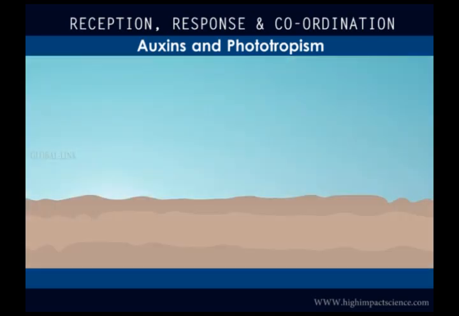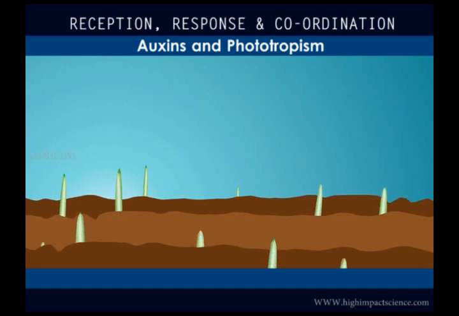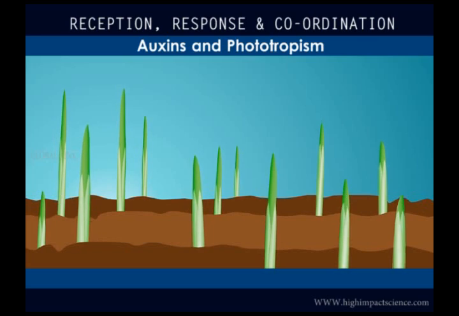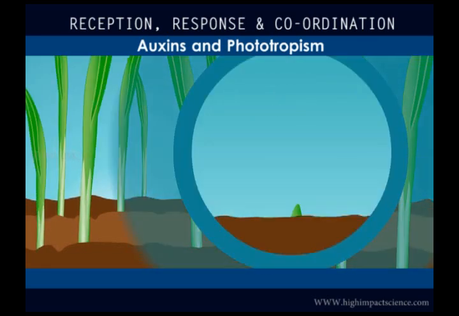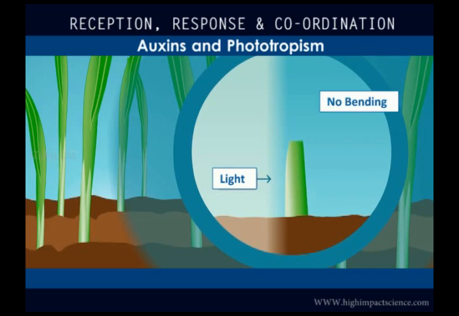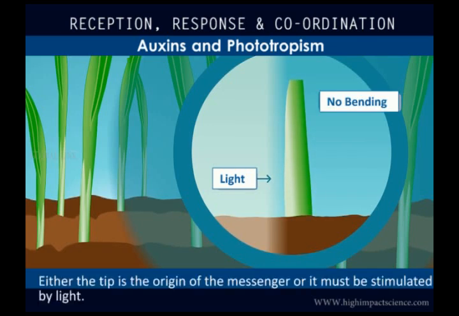We can prove this using several experiments. First, when the coleoptile tip is removed, there is no bending in response to light. This means that either the tip is the origin of the messenger or it must be stimulated by light.